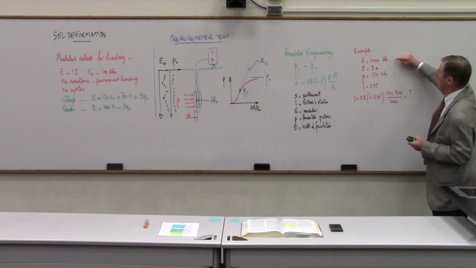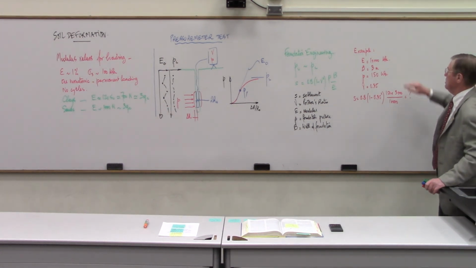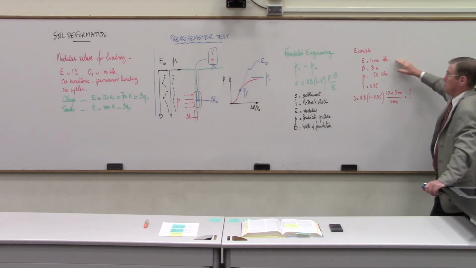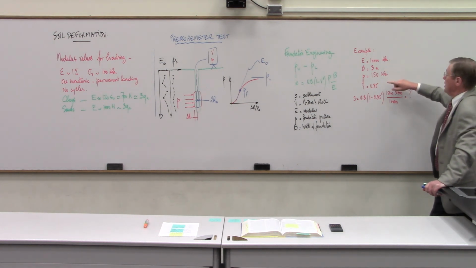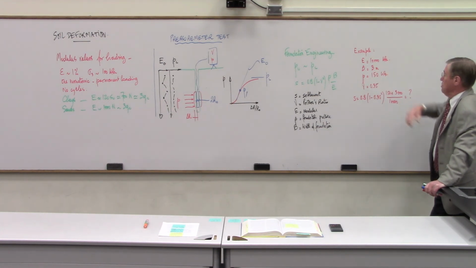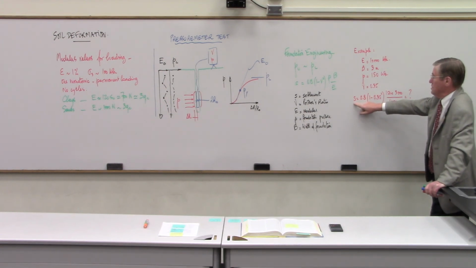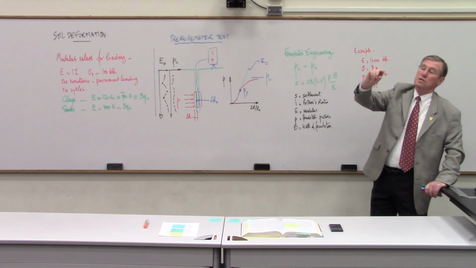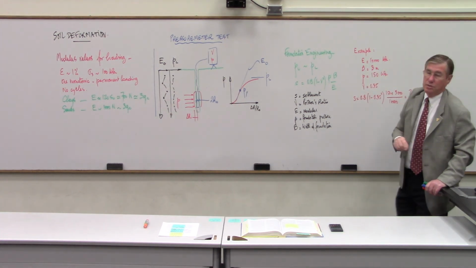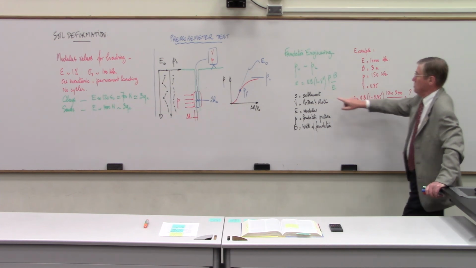So this is what I would call an analysis case. But if you had a design case, if the question was, how big should the footing be? If I have this much load, given the load, then you would have to set the settlement. Maybe the structural engineer says, I don't want any more than 20 millimeters of settlement. So you're going to stick the value of the settlement right here.